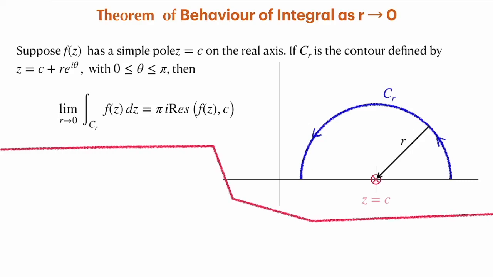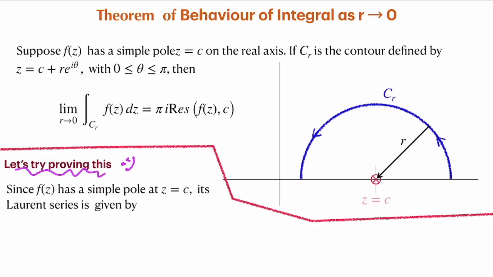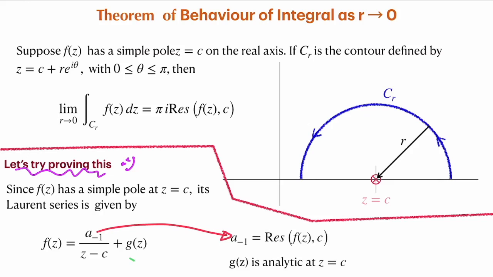Let's try to prove this. Since f(z) has a simple pole at z = c, its Laurent series can be expressed as f(z) = a_{-1}/(z - c) + g(z). Here a_{-1} is the residue of f(z) at z = c, and g(z) is an analytic function at z = c.